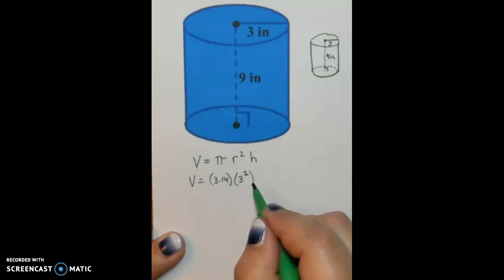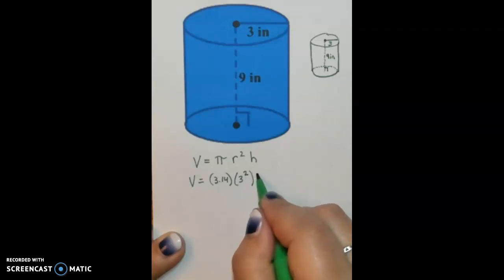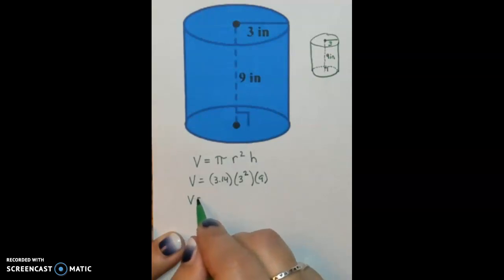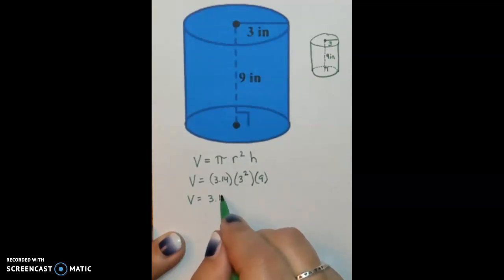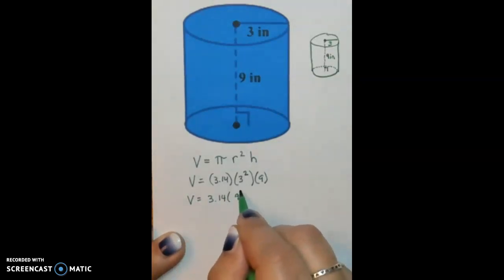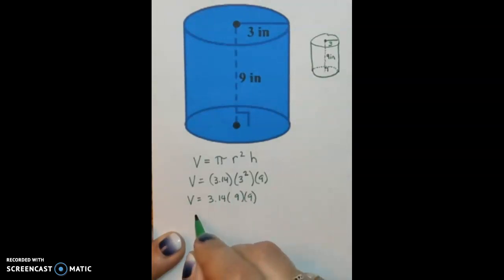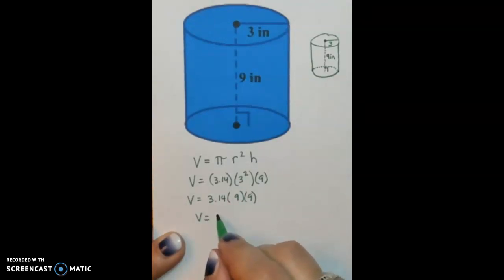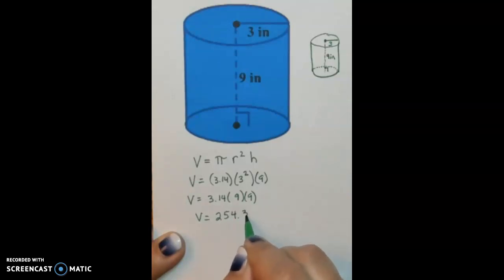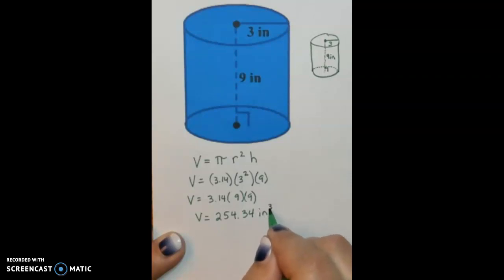Remember that 3 squared means 3 times 3, not 3 times 2. And our height is 9. Okay, so if you go and punch that into your calculator, 3.14 times 9 times 9, I believe that we should come up with 254.34, and that's going to be cubic inches. Okay, inches cubed for volume.